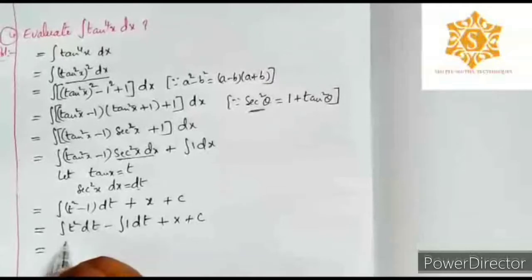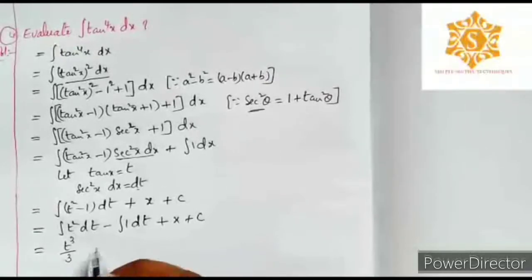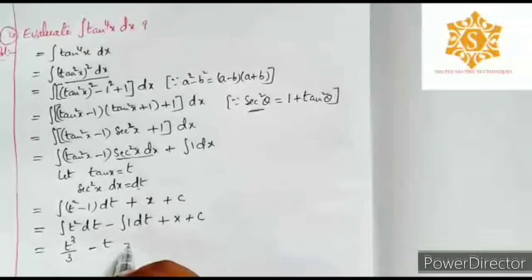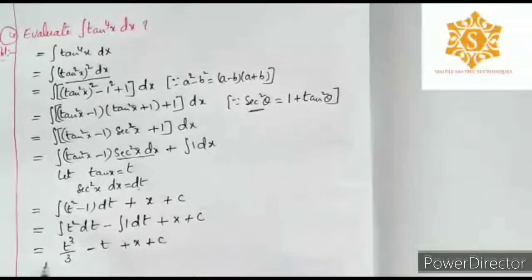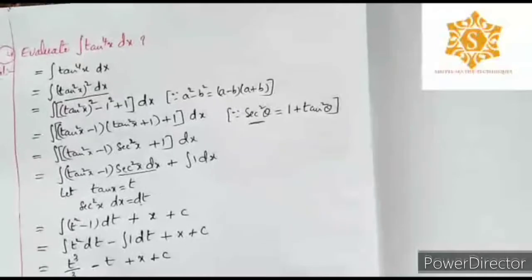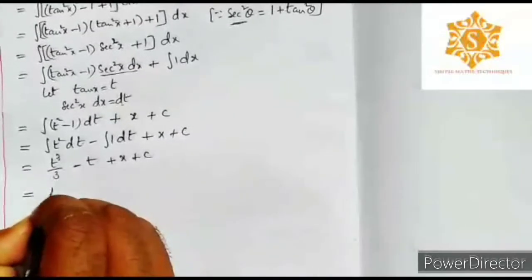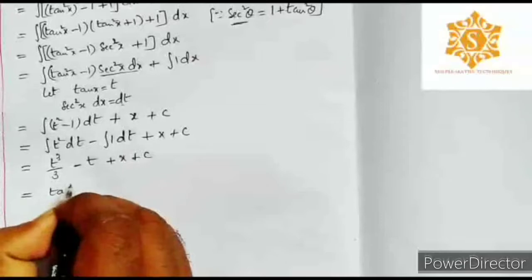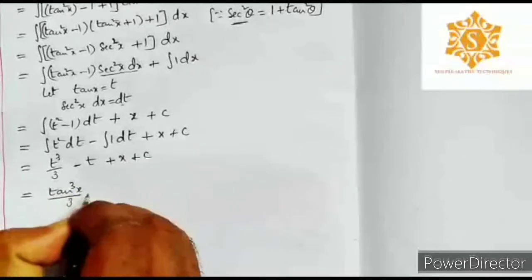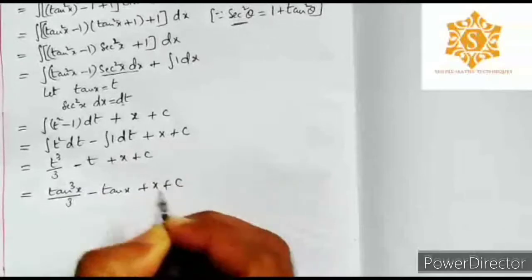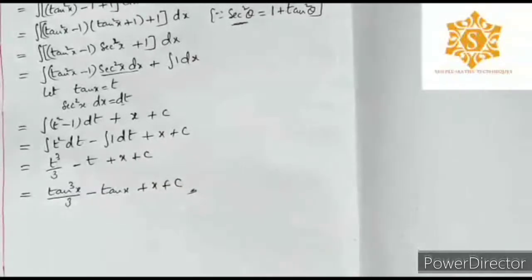So integration of t square dt value is t cubed by 3 minus integration of 1 dt value is t plus x plus c. Now substitute t value, we get tan cubed x by 3 minus tan x plus x plus c. So this is the solution of the given problem.